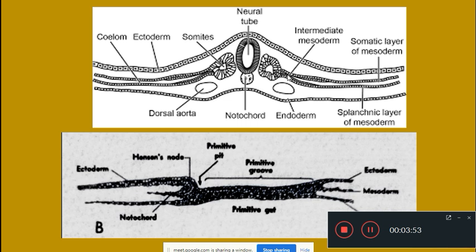The second region is called the intermediate mesoderm, and the third region is called the lateral plate mesoderm. You can also see that the lateral plate mesoderm splits into a somatic layer and a splanchnic layer. So this is what happens to the mesoderm.